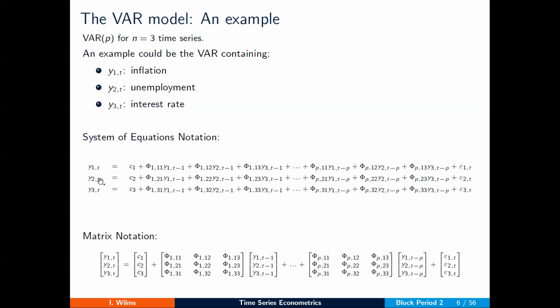And the same holds for Y2 and Y3. So in this system of three equations, we clearly see that each equation has the same explanatory variables, namely the lagged values of all series in the model. That's why we can conveniently express this through this matrix notation.